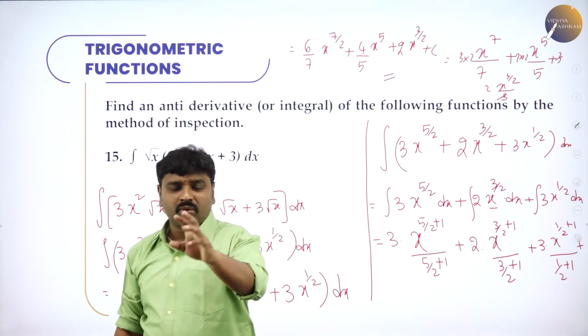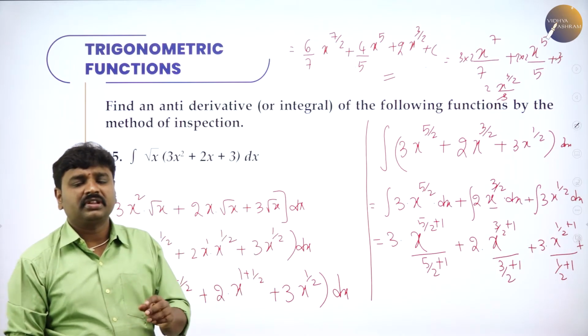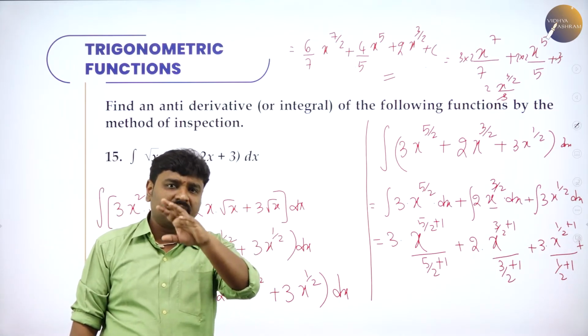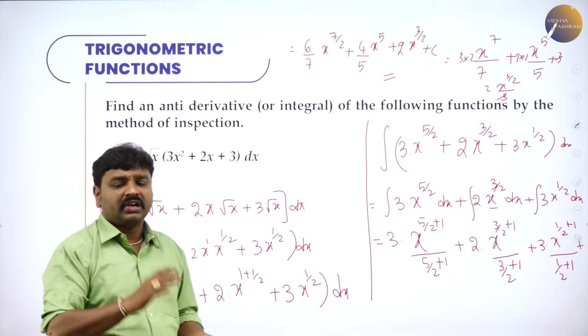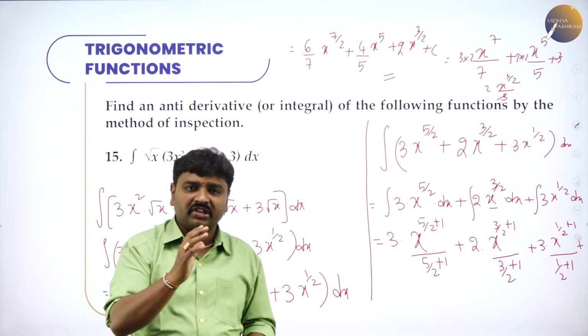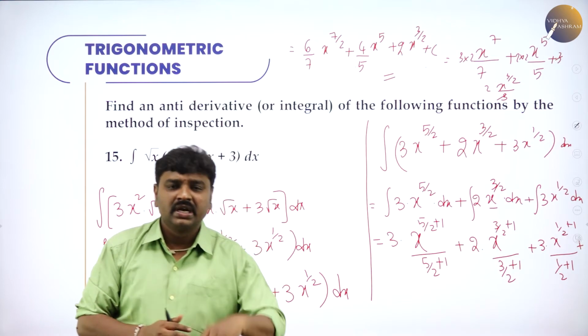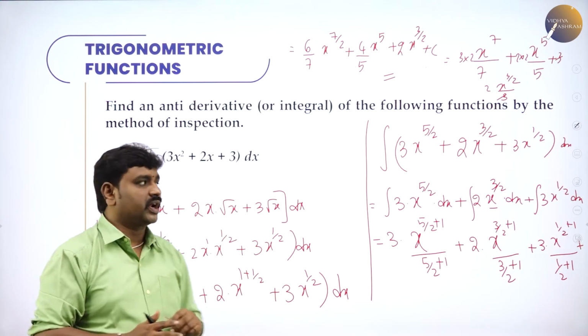Simple: multiply root x inside, it will be in the form a^m into a^n, use a^(m+n) and integrate. While integrating, use the formula for integration of x^n. What is integration of x^n? x^(n+1) by (n+1).